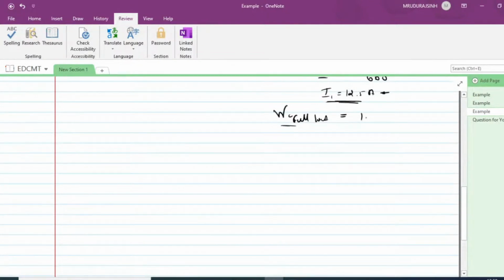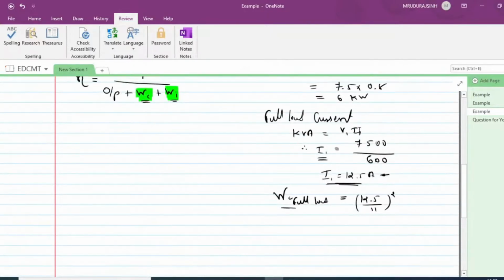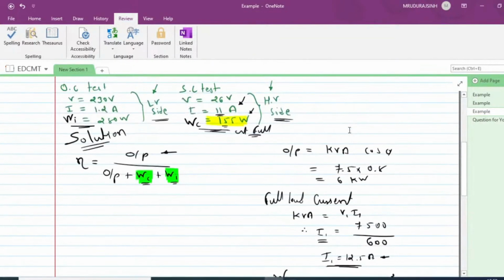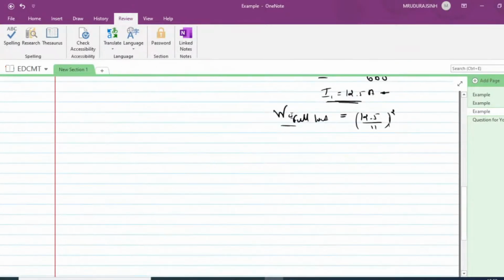So that is (12.5 divided by 11) whole square, and the copper loss is 155, so it's multiplied by 155. We have seen this equation in many previous examples, so it is not new to us.